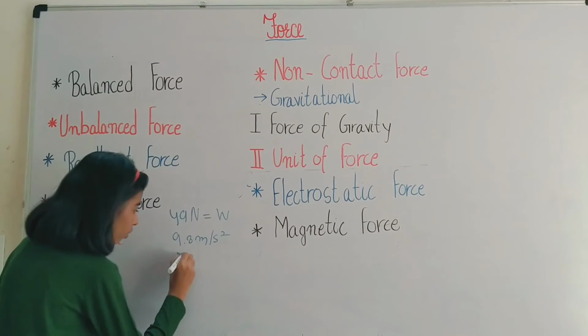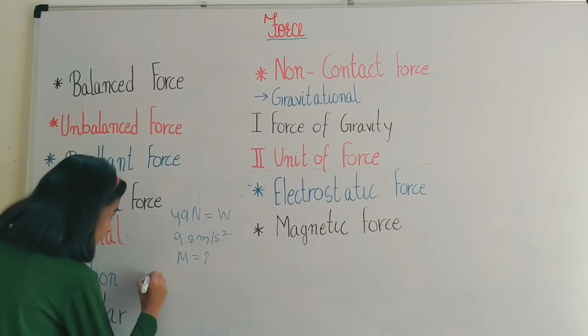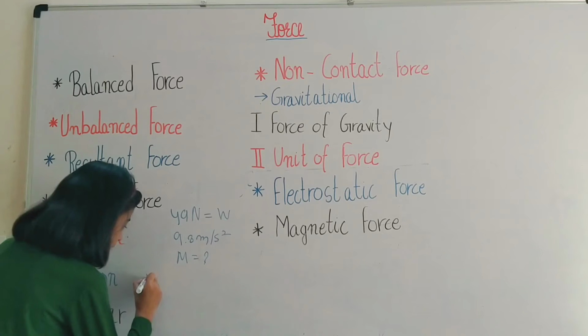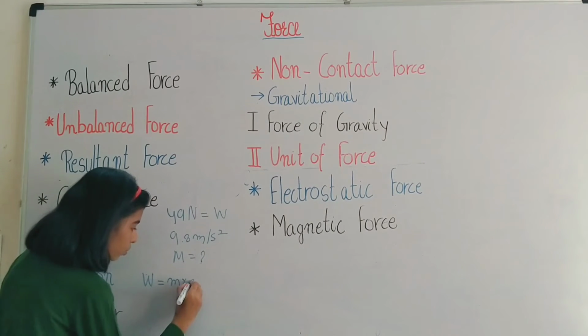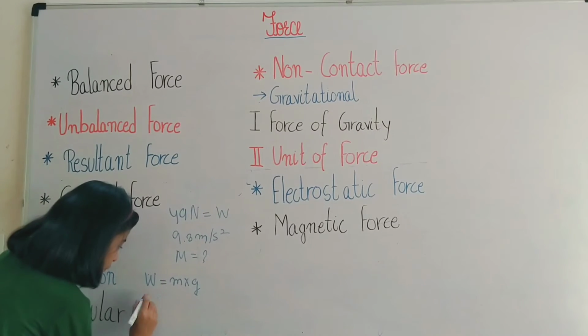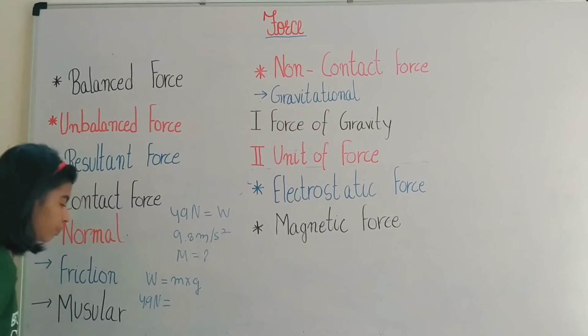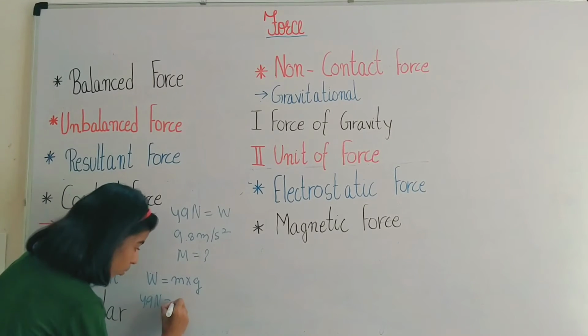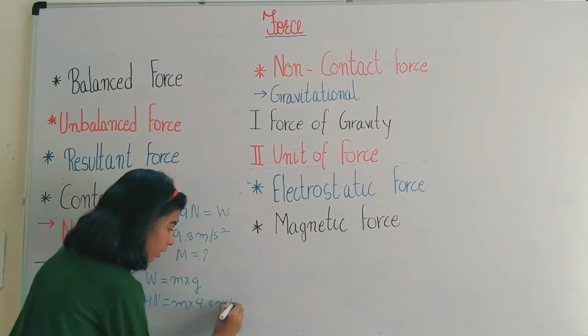So we know that weight is equal to m into g, where in this case the weight is given as 49 Newton and the mass is unknown, so m into g, where g is 9.8 meter per second square.